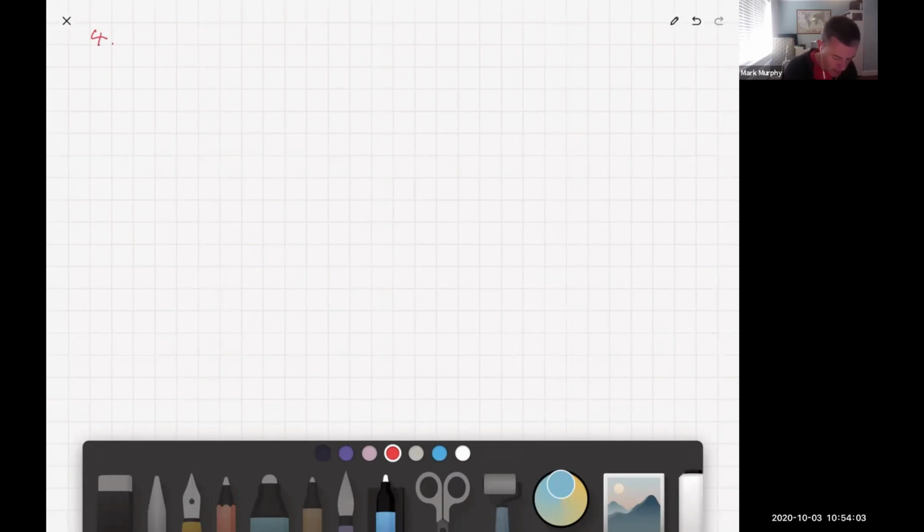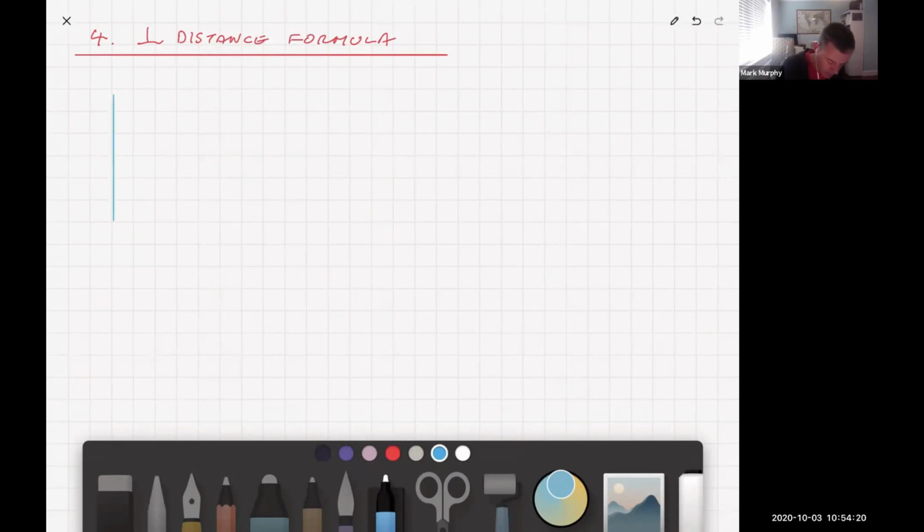The next one we do is the perpendicular distance formula. Okay, so again, let's draw. We have the y-axis, the x-axis, and we draw a line.